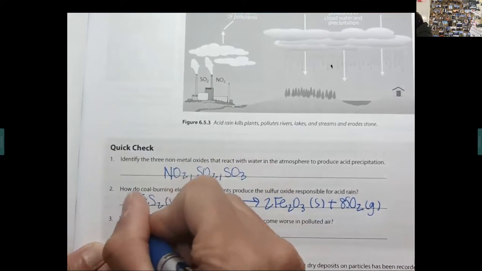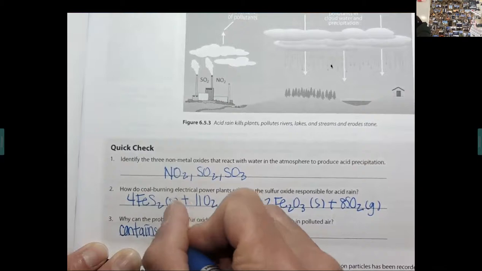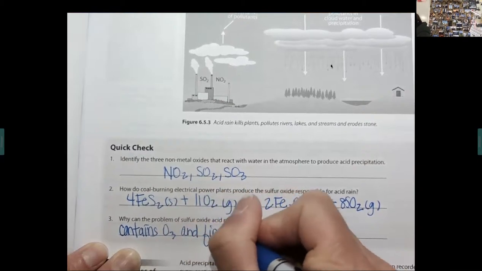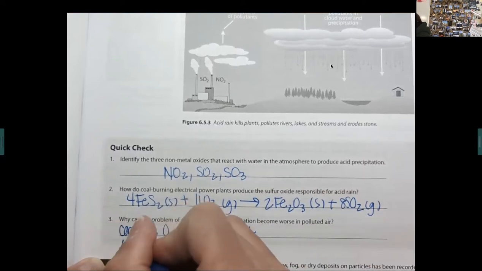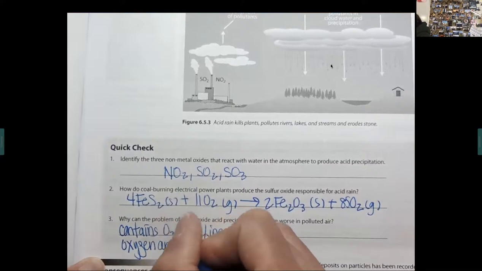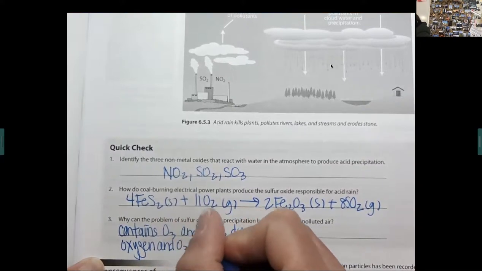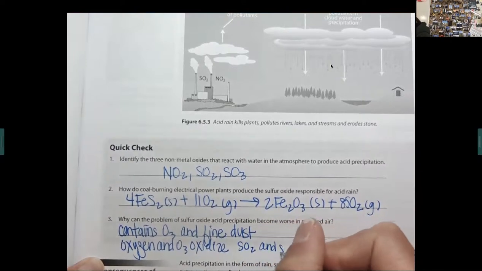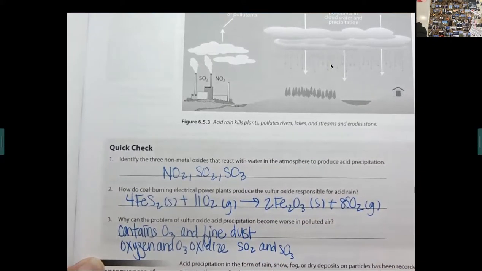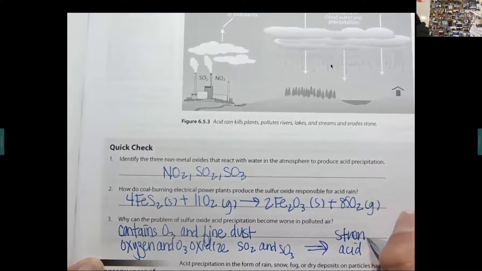Because it contains ozone and fine dust, which we have a lot of here, especially with sunlight, and oxygen and ozone oxidize SO2 to SO3. And that's how we end up getting to our strong acid like sulfuric acid, okay?